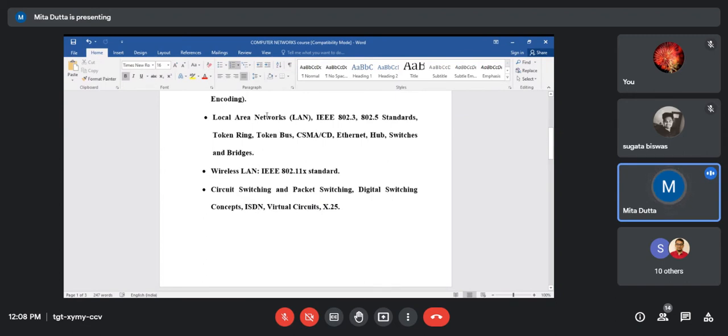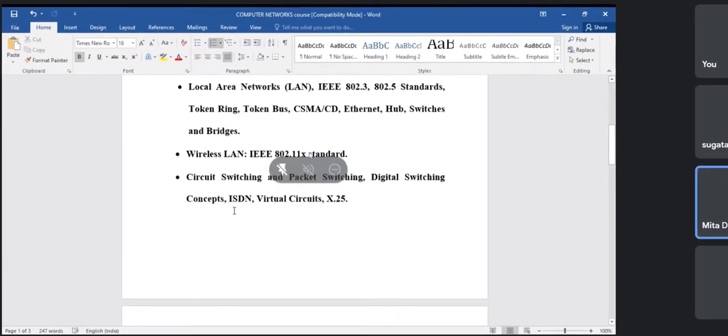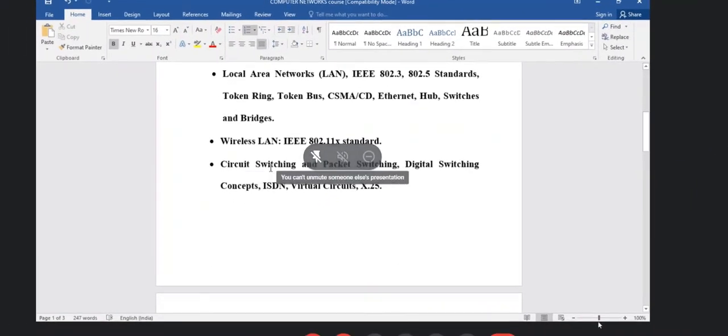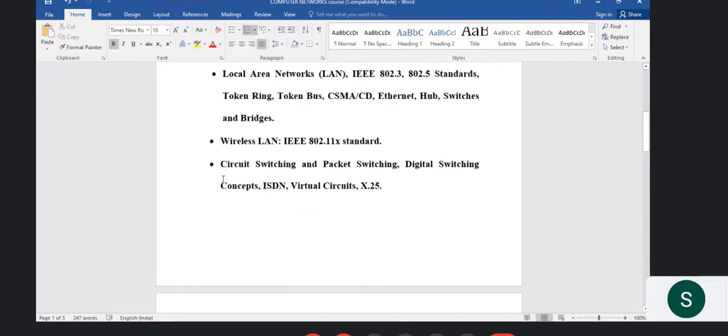Of course, the protocols used in wired LAN and wireless LAN will be different. Then we have to study circuit switching and packet switching. Circuit switching is analogous to a telephone network, by which two people can talk to each other.